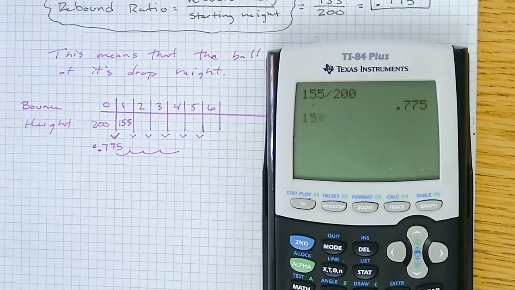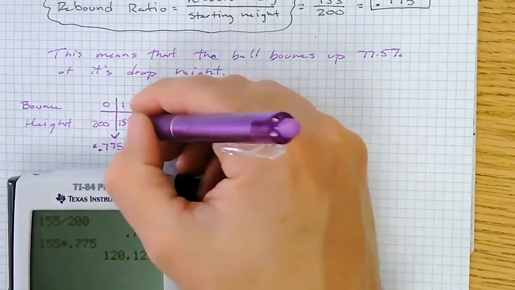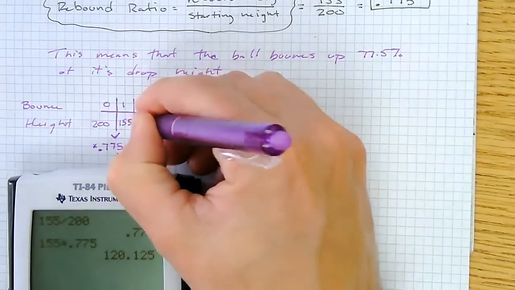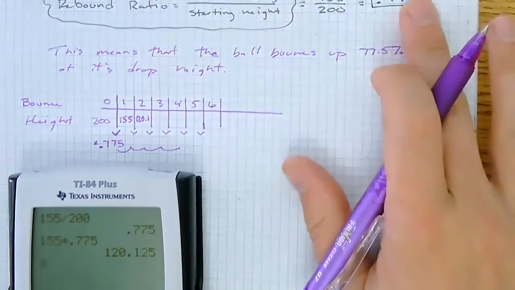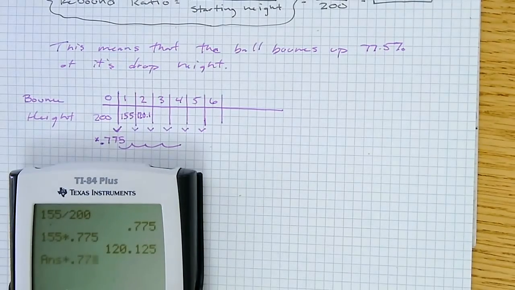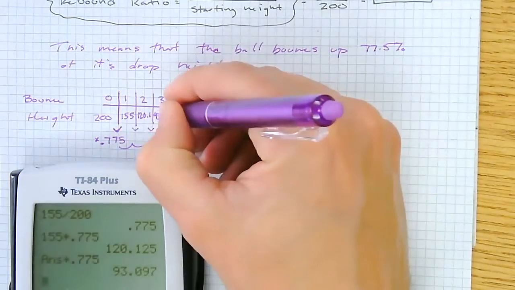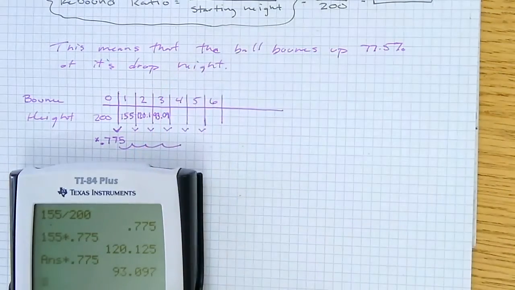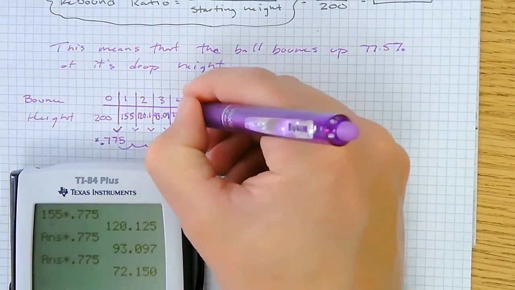So if we wanted to find the next term, we could say 155 times 0.775 gives us a bounce height of about 120.1. Just leave it at 120.1 since I'm running out of room. Then we could keep going and we can find out as many bounces as we want. 93.09. 72.15.